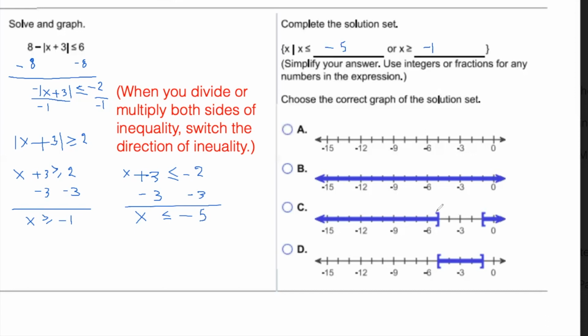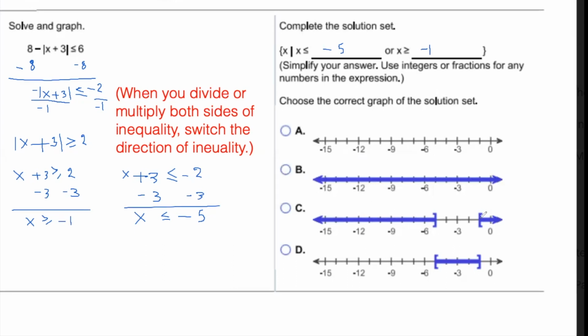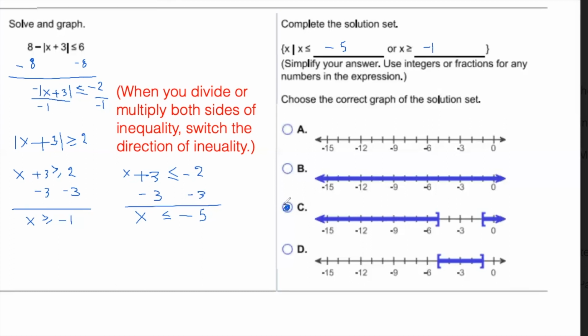So negative 5 is included, less than or equal to negative 5 in this direction, and the other one should be more than or equal to negative 1. And if you look here, this is negative 3, negative 2, this is negative 1. So the x value is more than or equal to negative 1. This bracket shows that negative 1 is also included, and it should go to your right. So this one is the right answer. C is the right answer.